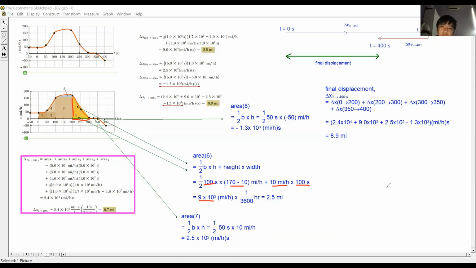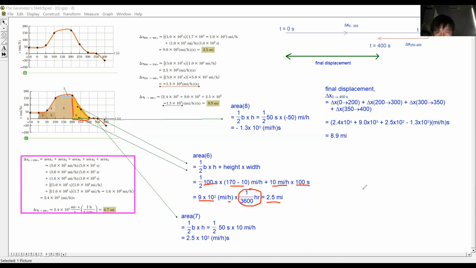If you convert it to mile, this unit is mile per hour, and this one is the second, and the second you convert into hour to be consistent with the hour here. So when you convert the second to hour, the hour and hour will cancel away. So you are left with 2.5 miles.